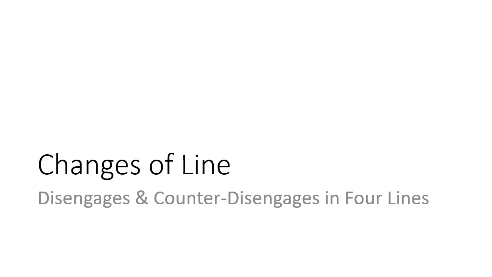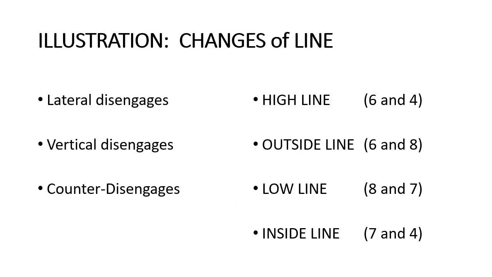So let's look at an illustration of changes of line, disengages and counter disengagements in the 4 lines of movement. We'll be looking at the difference between lateral disengages, vertical disengages, and counter disengages, and how each of these is performed within the various lines of movement: high, outside, low, and inside.